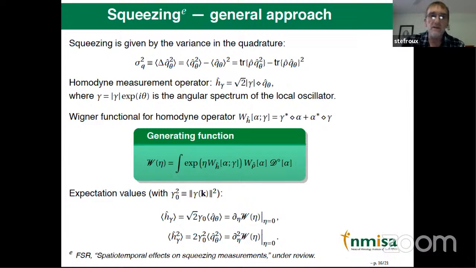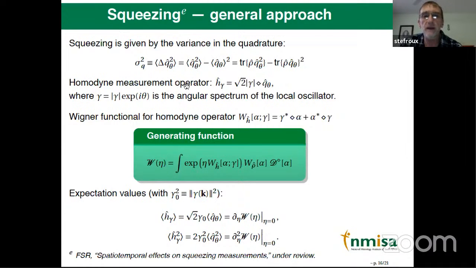Now, to observe the squeezing, I want to measure the variance in the quadrature. My variance is given in terms of the second and first moments with respect to some generalized quadrature operator.